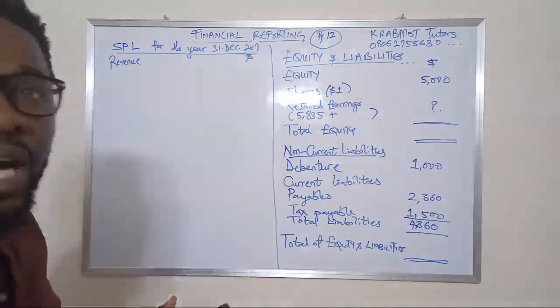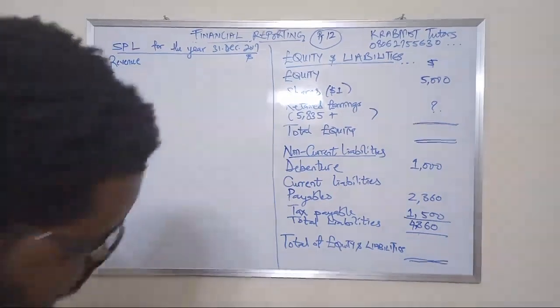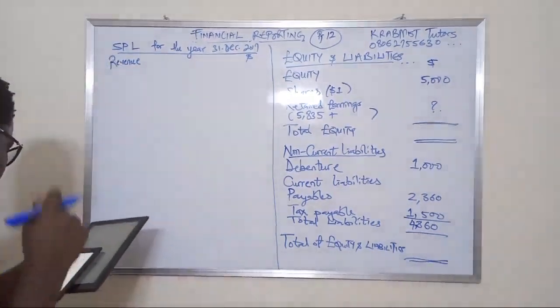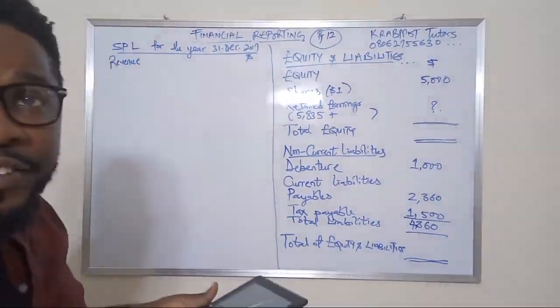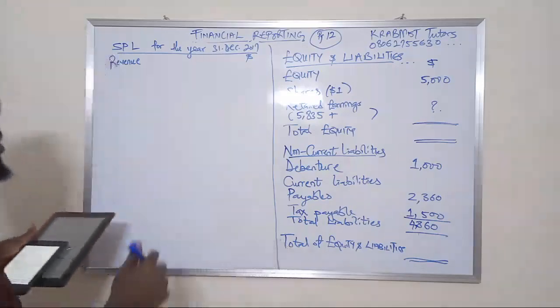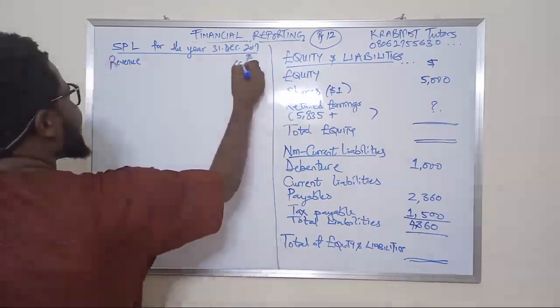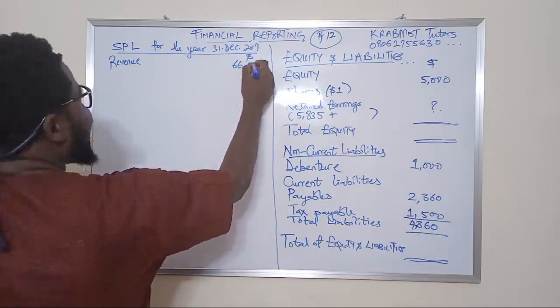In the question, what do we have for revenue? Look at it. Line 3 on the credit side, revenue, that is 66,980.